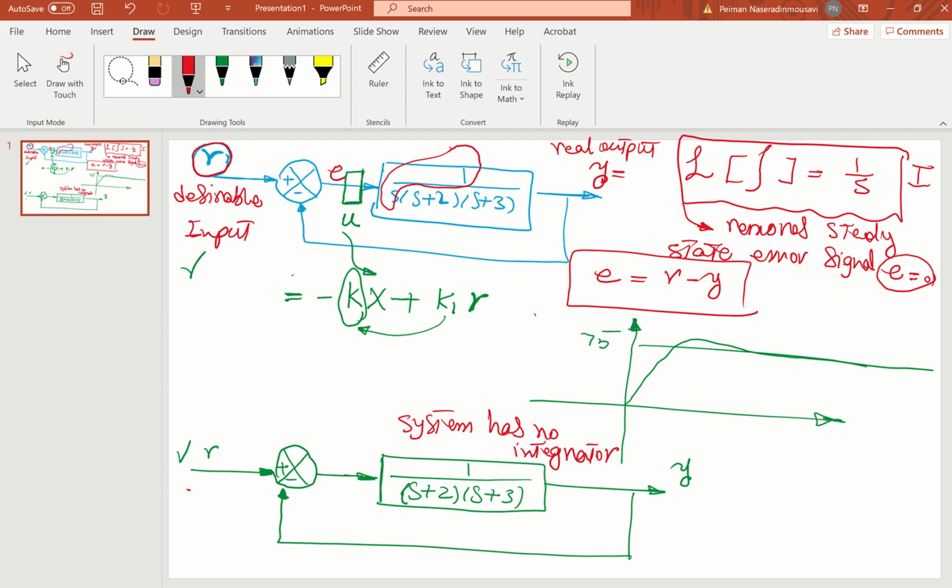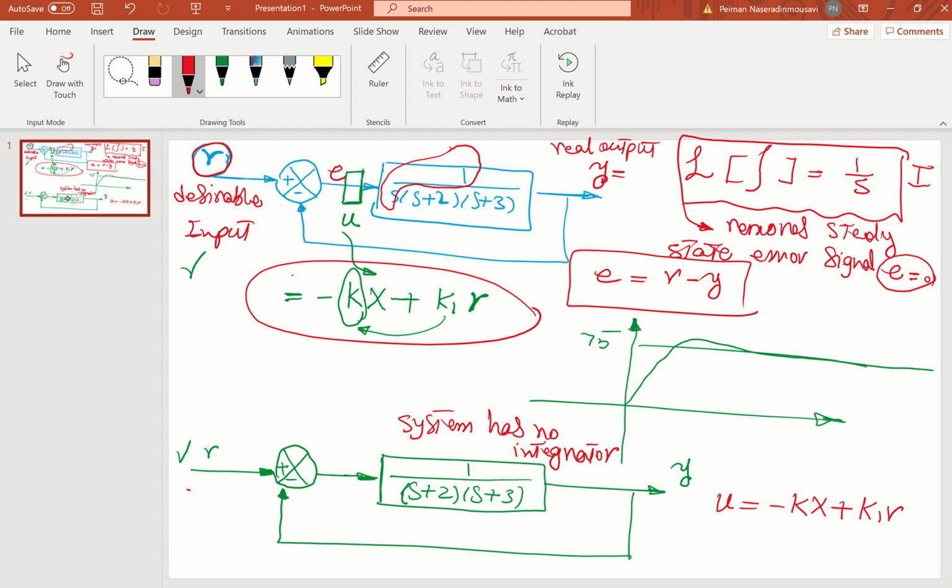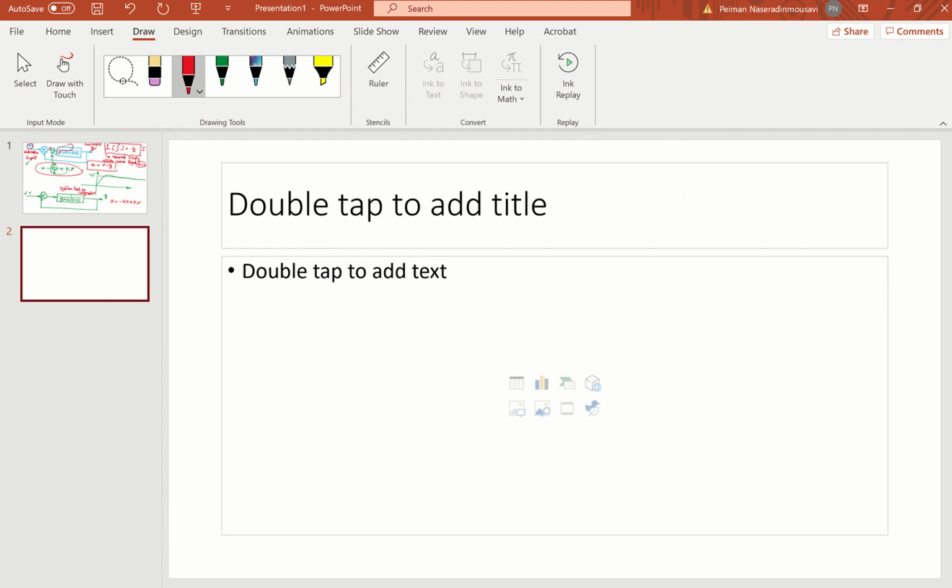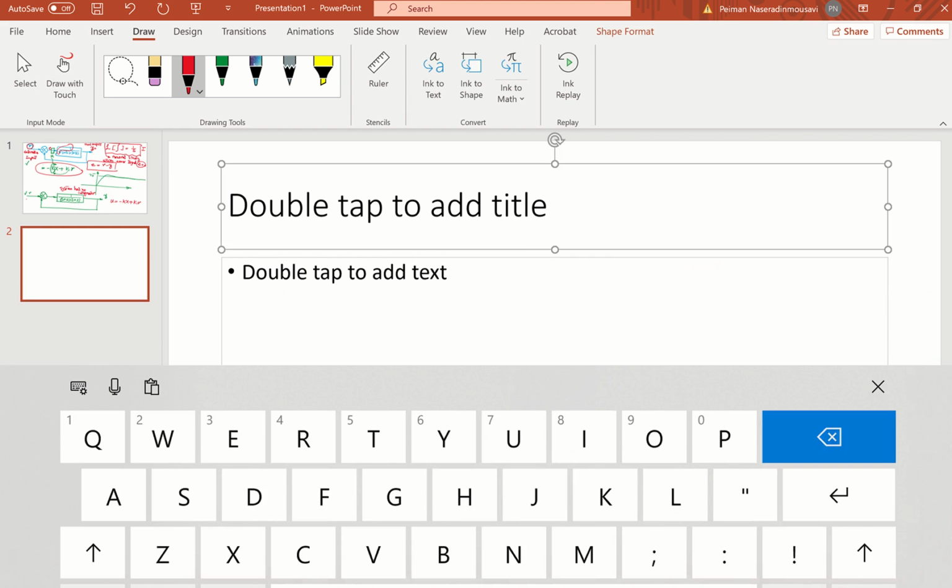So having this, I want to again use u equals minus kx plus k1 r. First, let me denote the state space. Look here, guys.